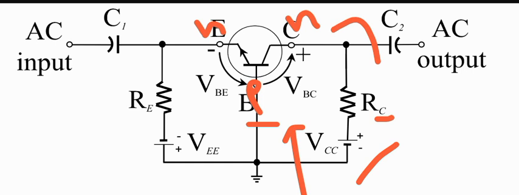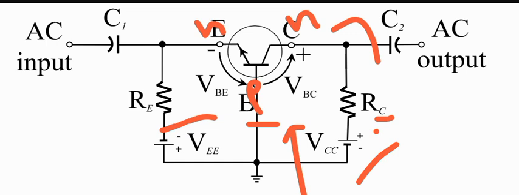So we see that this junction, the base collector junction, is reverse bias because N is connected with the positive and P is connected with the negative. So the input junction is forward bias and the output junction, that is the base collector junction, is reverse bias.